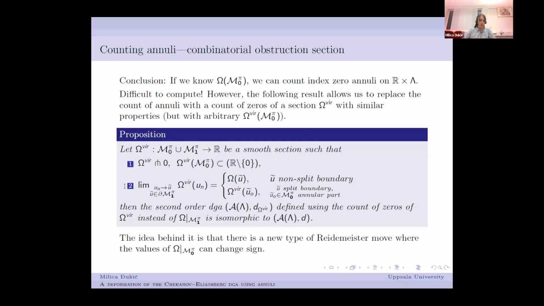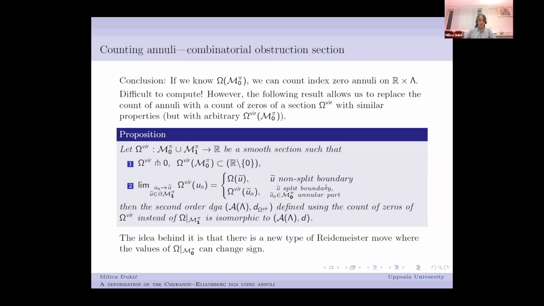And the properties these virtual sections should satisfy, in addition to being generic so that we can count the zeros, is that at the boundary, the limit should go as follows. So for non-split boundary, it should be plus or minus infinity according to the actual obstruction section. And the signs of that are easy to see.